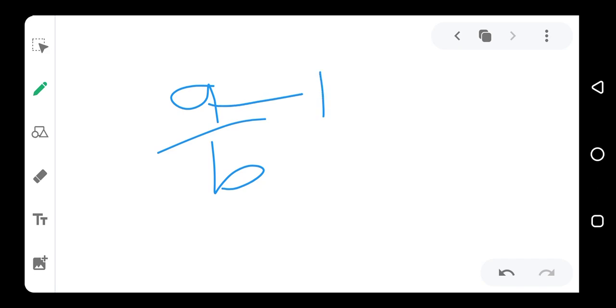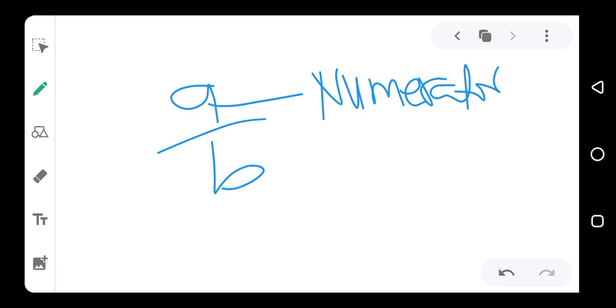I hope you know what numerator and denominator mean. If we have A over B, the one on top is called the numerator, and the one below is called the denominator.